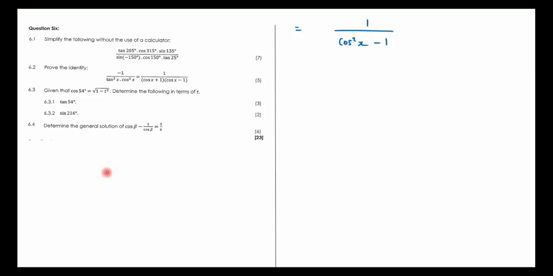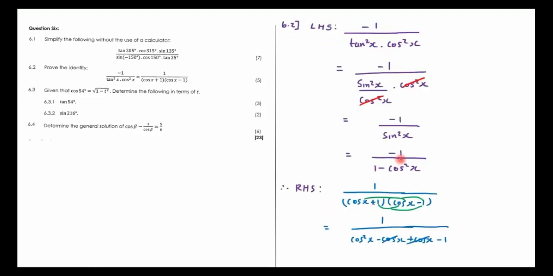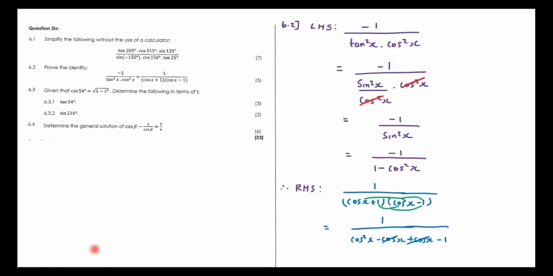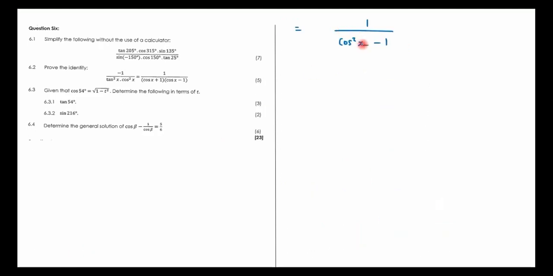All right, now here I can see that this is similar to that, right? But then here on the right hand side, this is positive, but then that one is negative. So which means now here I just need to take out a negative factor on my denominator. So when I take the negative factor, this becomes negative and that becomes positive. So I'm just going to write the one that is positive in front and the one that is negative after that, right?